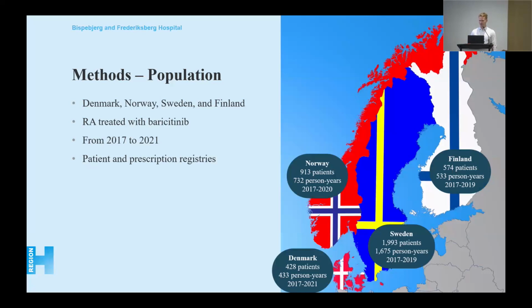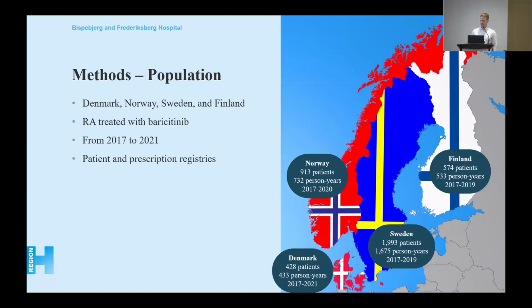The patients were included from different time periods because the data from the registries from different countries came in at different times. So that's important too. We can see here that the patients in Denmark were followed longer than, for example, the patients in Sweden.